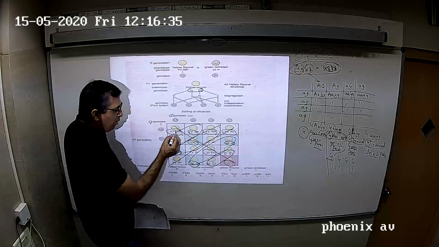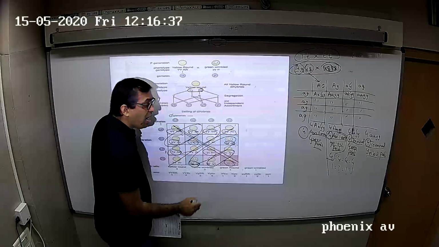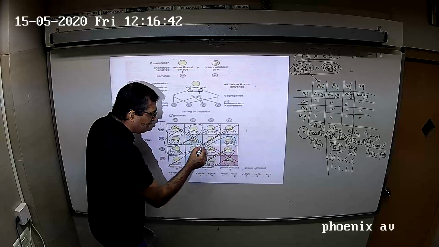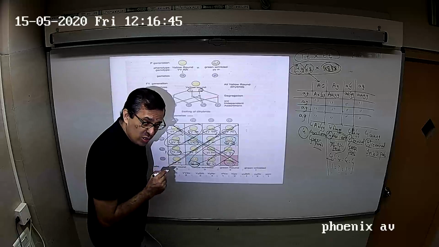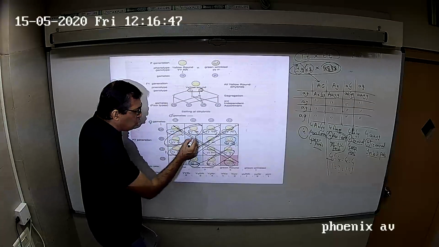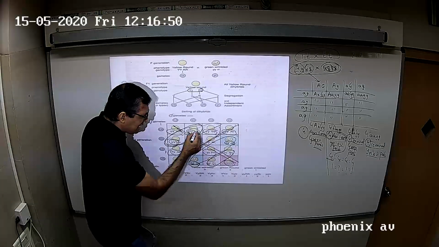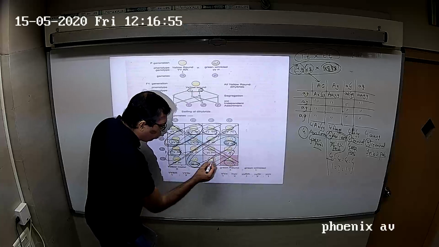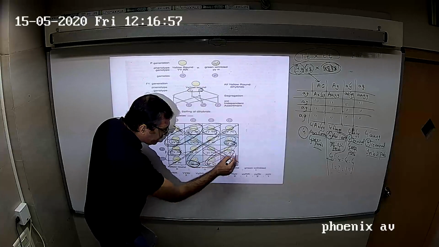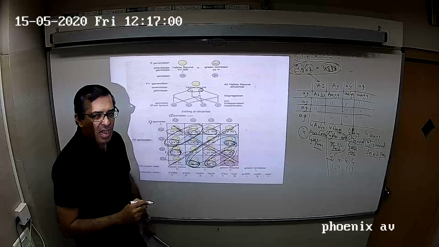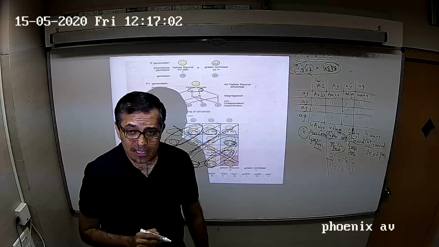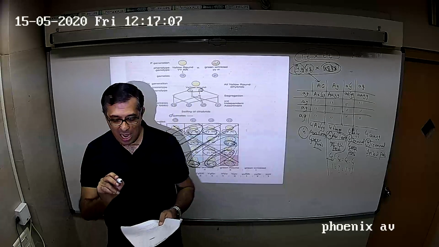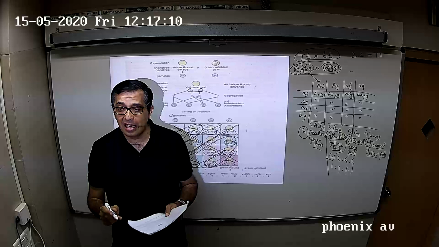Once again, 4 plants here are double homozygous, 4 plants here are double heterozygous, and 2 plus 2 plus 2 plus 2, 8 plants are single homozygous and single heterozygous.